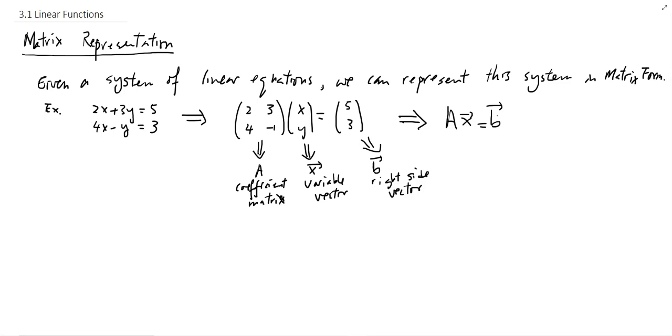If we look at this as a system, then it's fine. But what if we have a similar problem with the same coefficient matrix but a different b? We will perceive it as a completely different system, yet it's somehow related to this one because it has the same exact coefficient matrix.